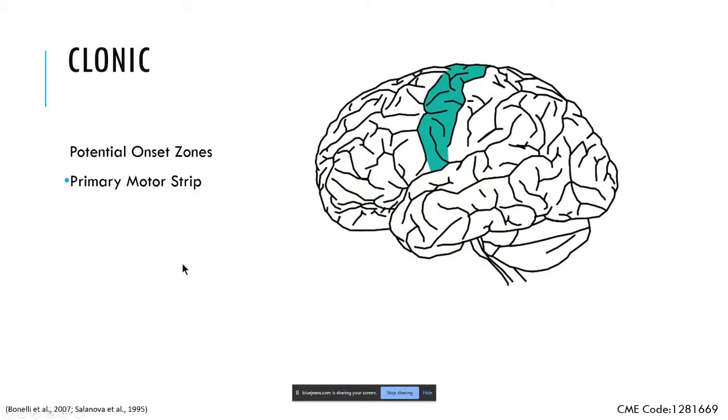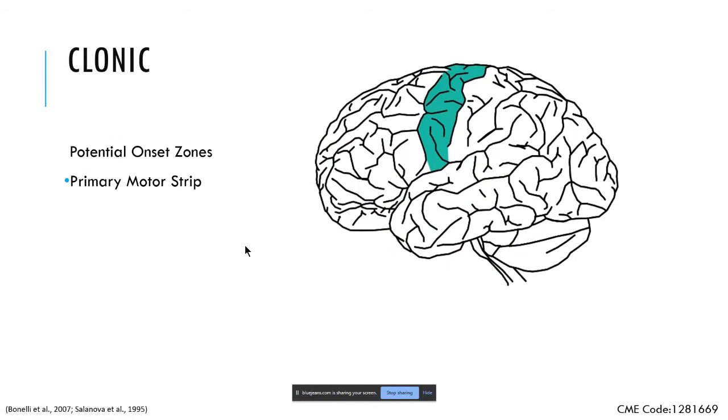The typical evolution of the semiology includes distal clonus with Jacksonian march, usually with contralateral head version away from the side of ictal activity, likely due to motor activation of the contralateral sternocleidomastoid muscle, followed by a postictal paresis.